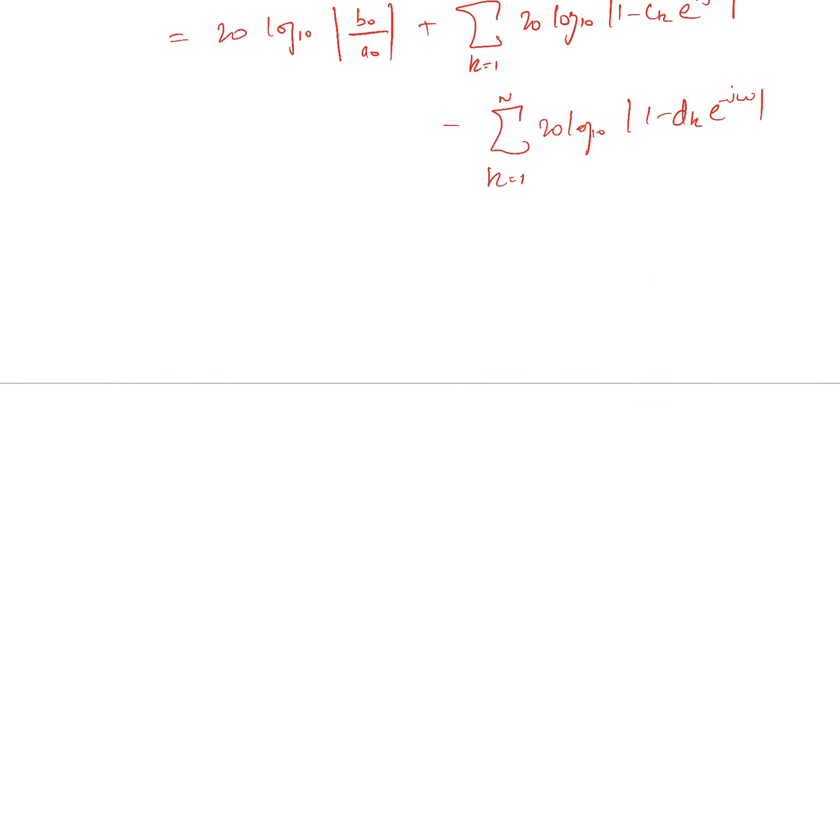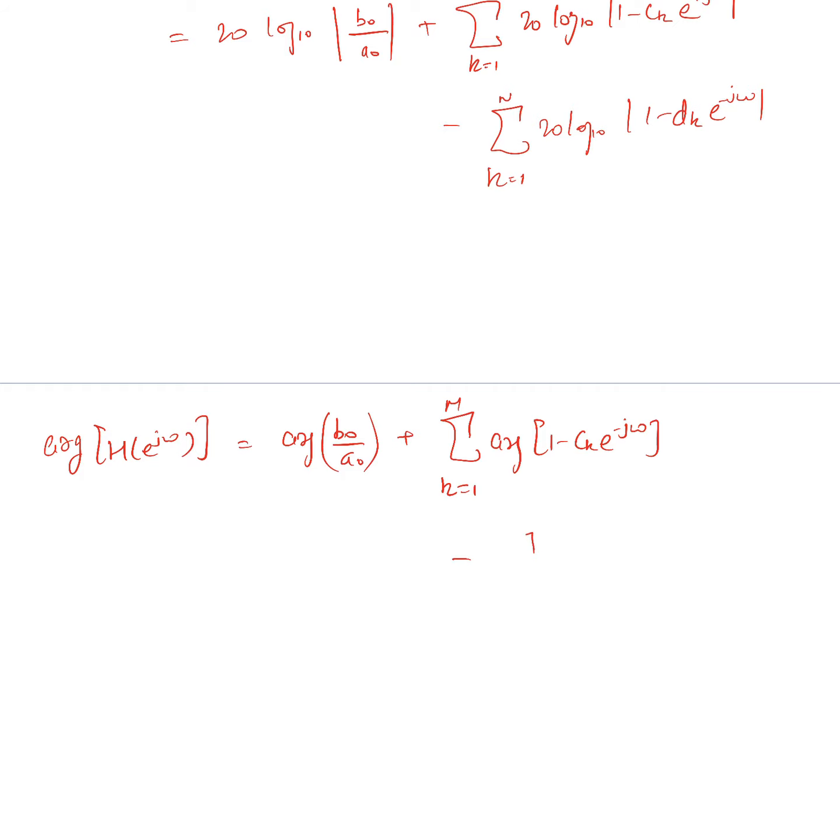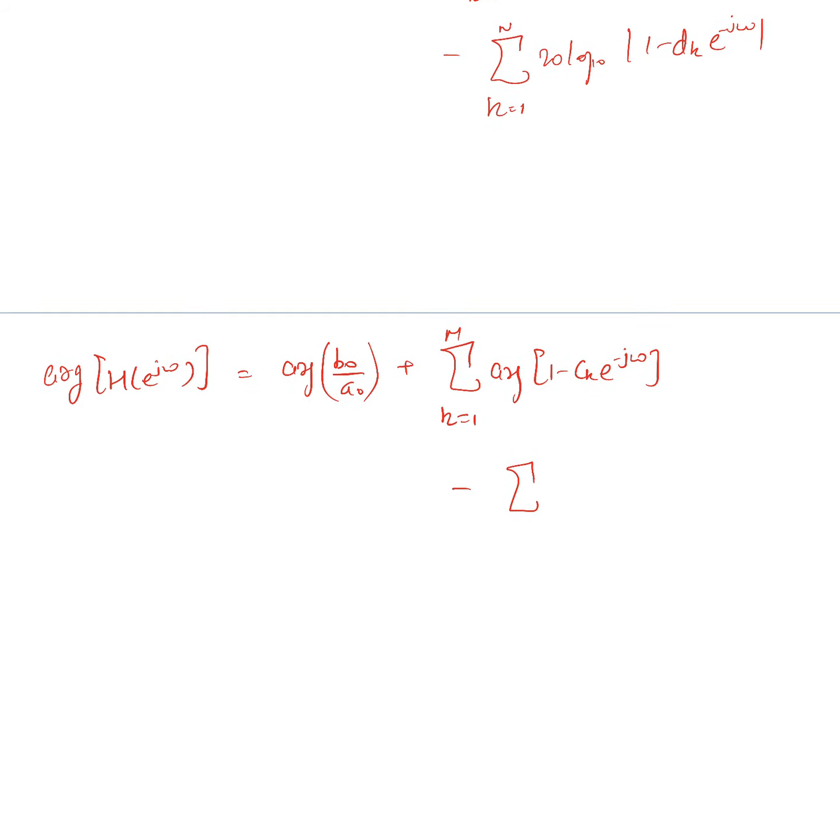While for the phase response, we use the argument of H of e to the power j omega, which is the argument of b naught by a naught, plus the summation of k equal to 1 to M of the argument of 1 minus c_k e to the power minus j omega, minus the summation, and we have the minus because it's the denominator polynomial which corresponds to the poles, while the numerator polynomial corresponds to the zeros.